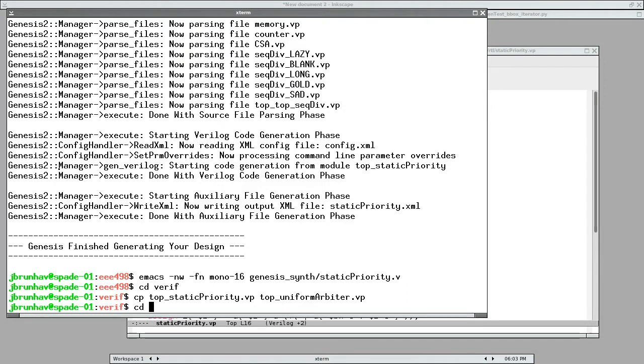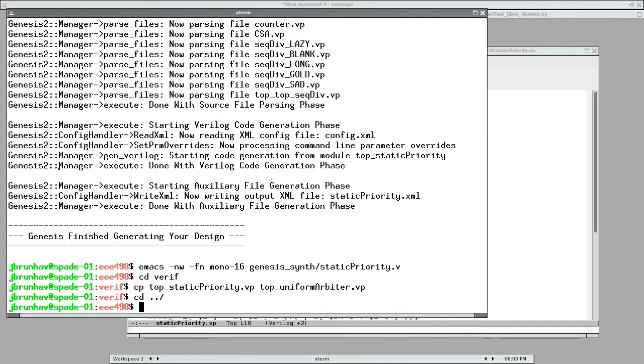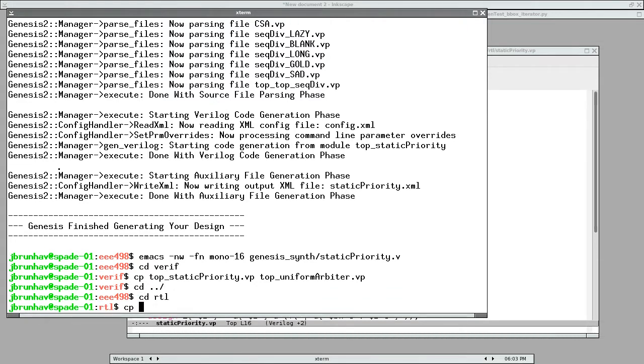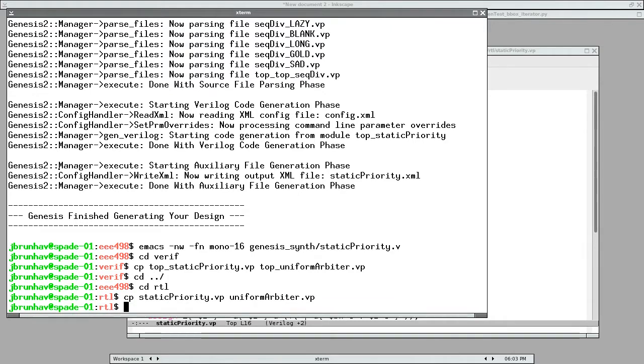And then we will go to RTL, and then we will copy static priority.vp to uniform arbiter.vp. Good.